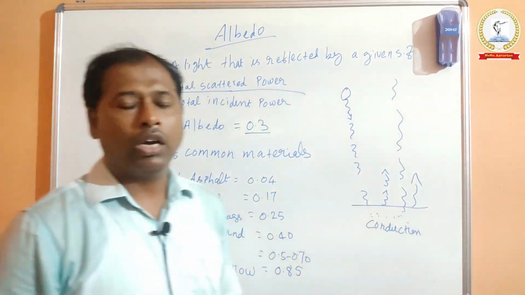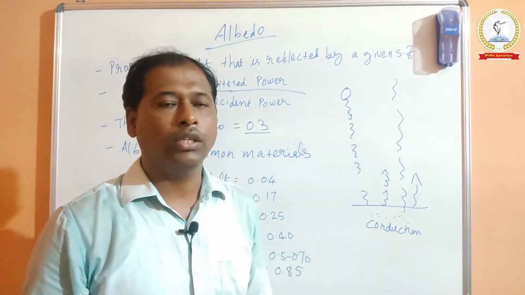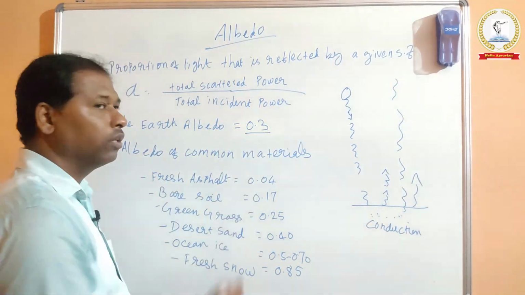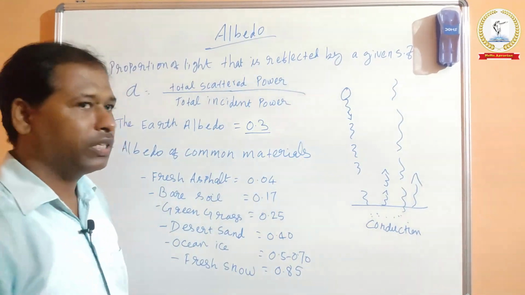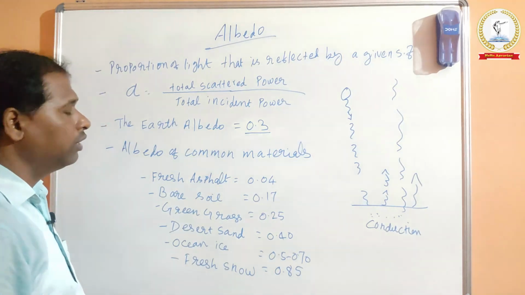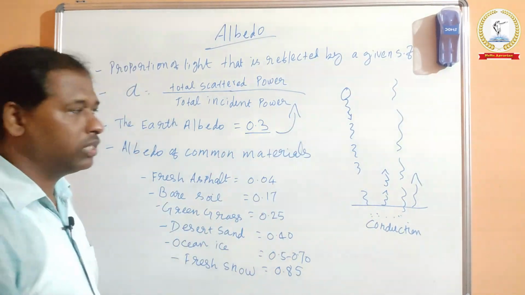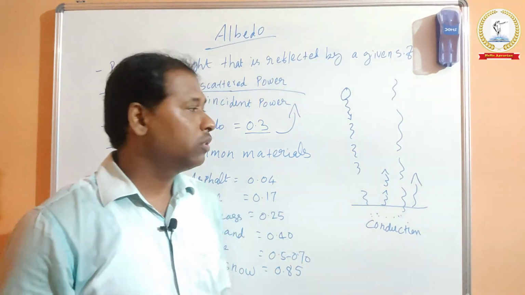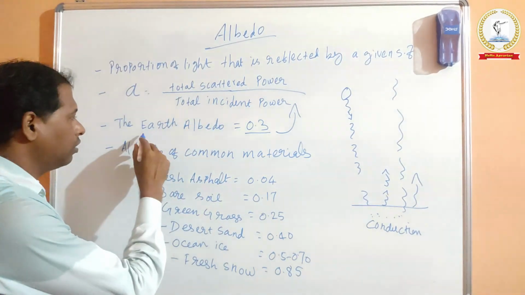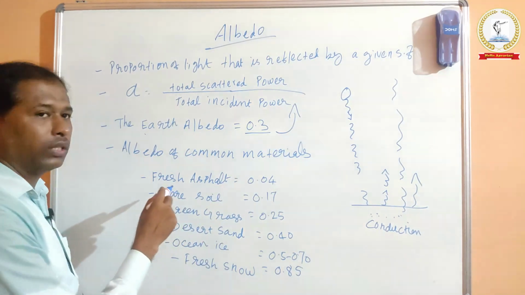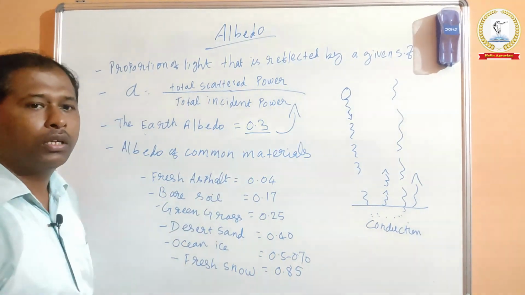Earth albedo is generally taken to be 0.3, which means 30% of the sun rays are reflected back to the atmosphere without changing their quality.